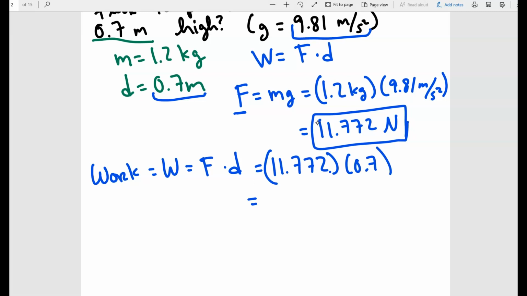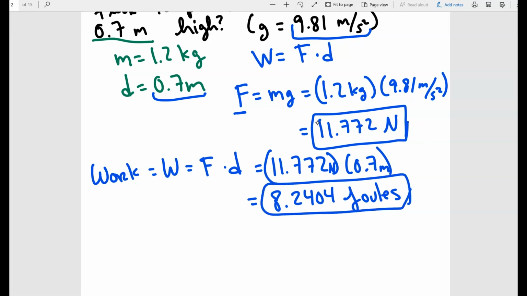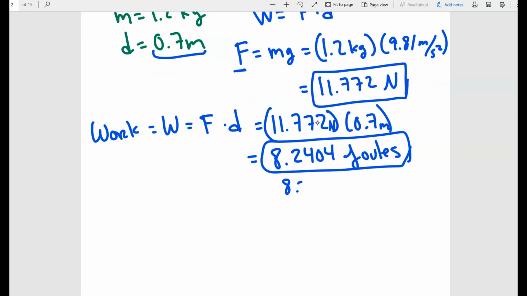Now, because this is a Newton and this is a meter, we know that we're going to have a joule. So this is going to be equal to 8.2404 joules. You can write joules, or you can just write it as 8.2404 and then with a J. My J's are kind of curly.